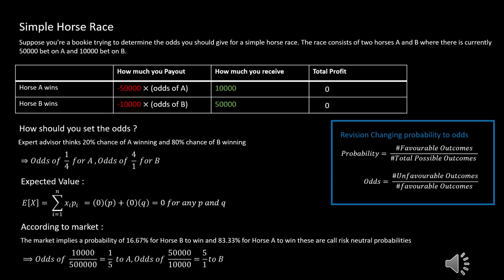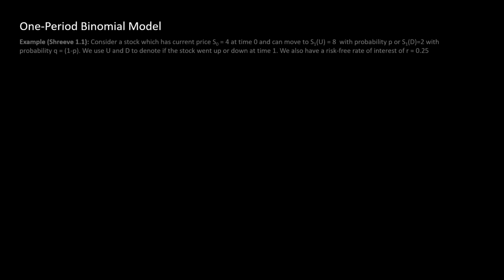Finally, we considered the expected values and how the expected value changes if the expert advisor doesn't get his probabilities correct, and how if we use the risk-neutral probability, then the expected value will always be 0. This risk-neutral pricing framework is exactly what we are going to use to value our options.